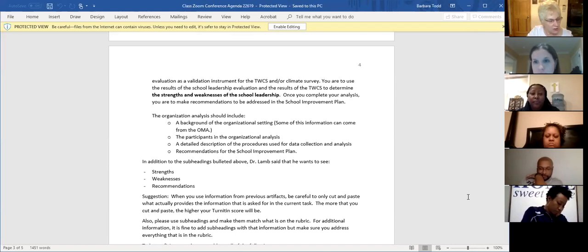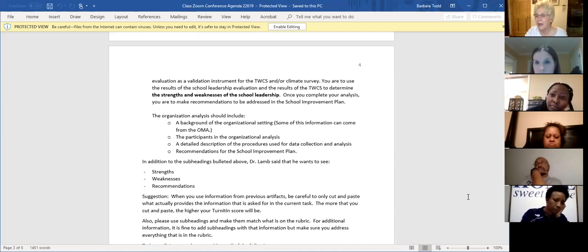The first one is actually more about your school and how it operates within the community. So the organizational setting is going to be how the school operates, and then the description of the setting is going to be more about the school and the community.